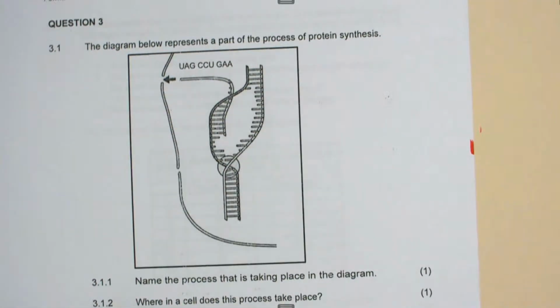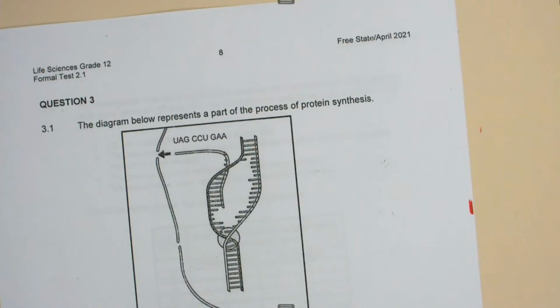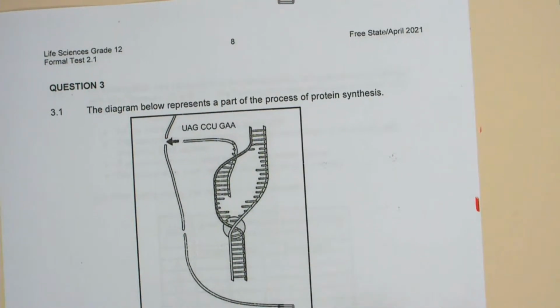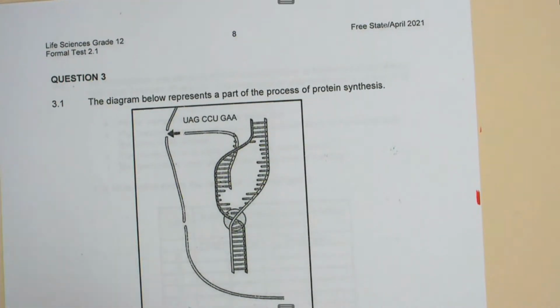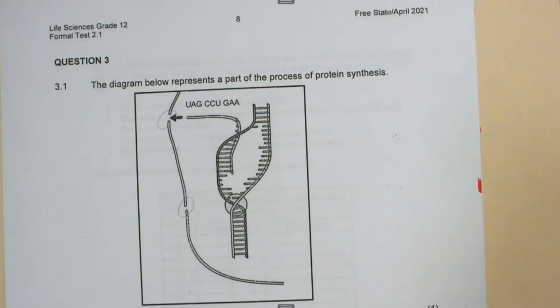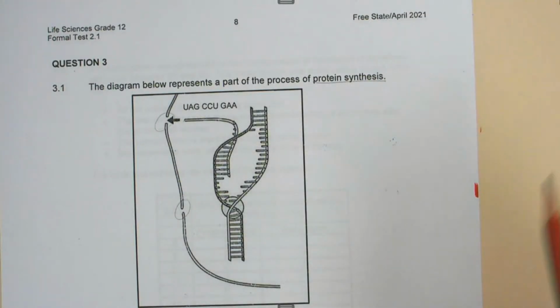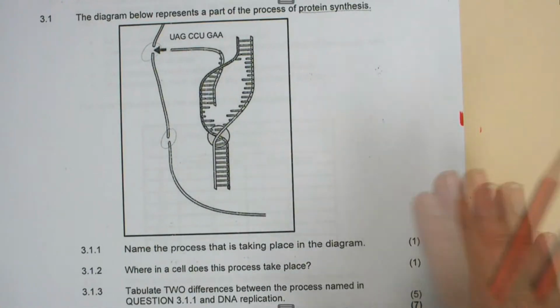So if we go to the next question we have here, that is question 3. The diagram below represents a part of the process of protein synthesis. So you can see clearly the nuclear pores, through which the mRNA will move to the ribosome. But they are saying it's protein synthesis, so that is making it easy for us.